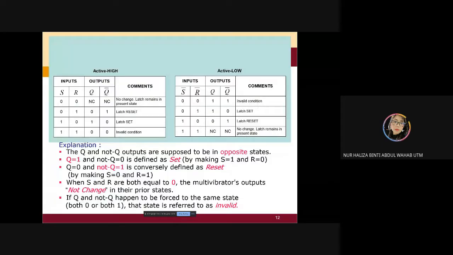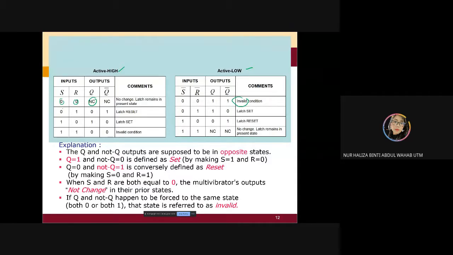So what you need to remember, when you have active high, you need to have this table. When you have active low, you need to remember this table. What is the difference between active high and active low? For active high, 0, 0 is no change, but for active low, it is invalid.